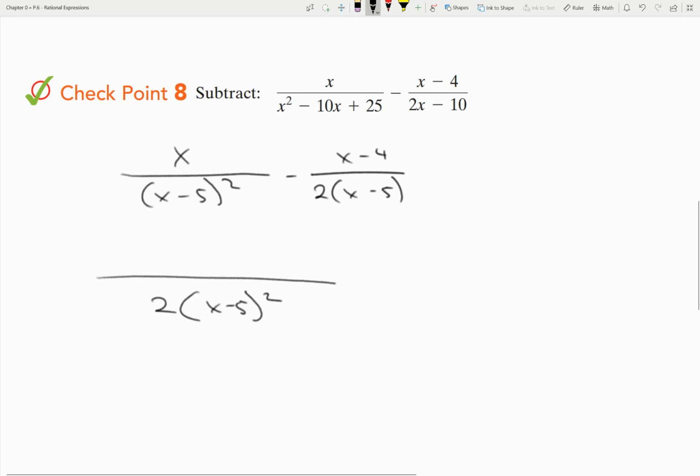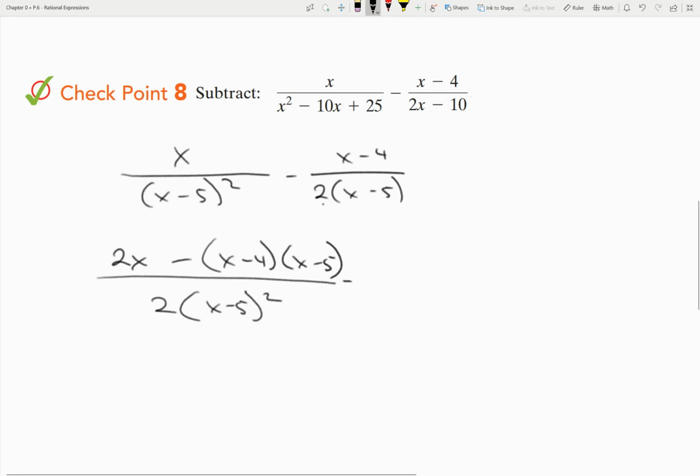Okay, so what's missing? Well, from the left side, I'm missing this factor, a 2 times that x minus everything here. So x minus 4 times what's missing from this denominator is another x minus 5.